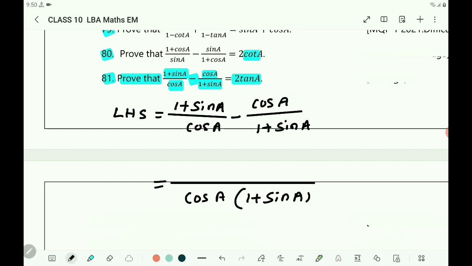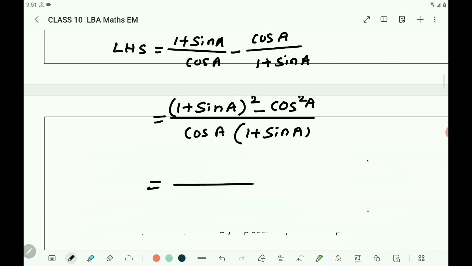Then in the numerator, what are you going to get? (1 + sin A) into (1 + sin A), (1 + sin A) whole square, minus cos A into cos A, cos square A. Write the denominator as it is, cos A into (1 + sin A).